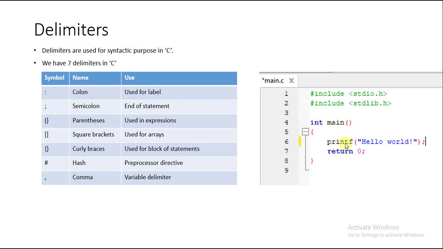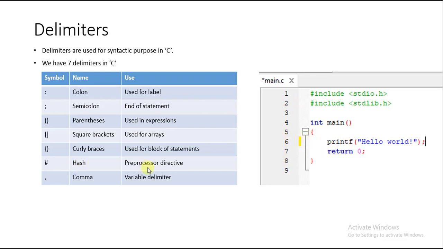In main function we have seen, and printf function we have seen, and curly braces. So curly braces are mainly used for a block of statements. See here, this printf statement and return, these two are one set of statements, and these curly braces are used for these two statements. Similarly, when you have a group of statements, we will use curly braces.